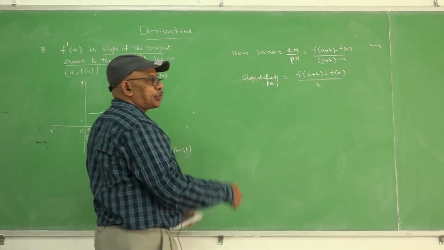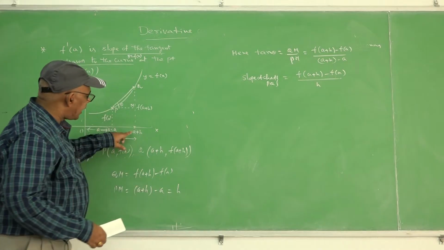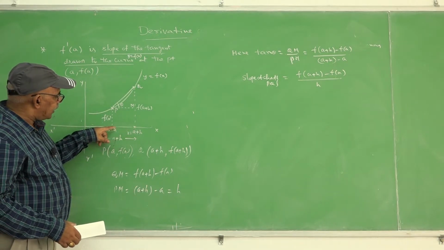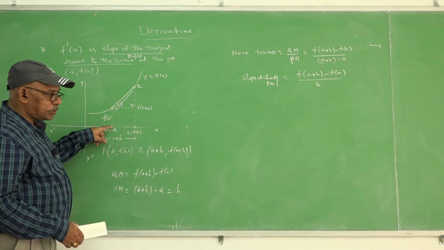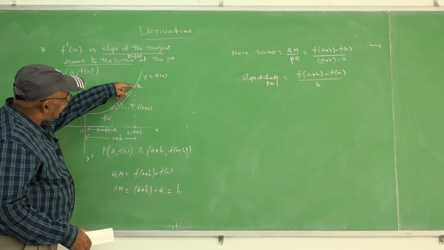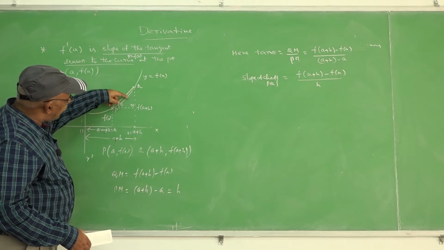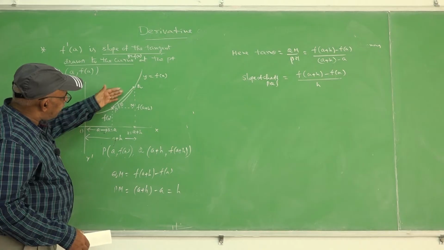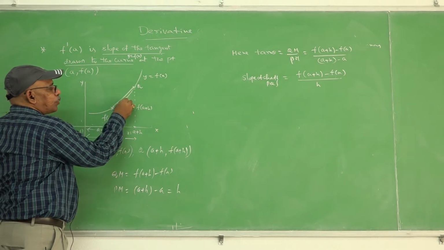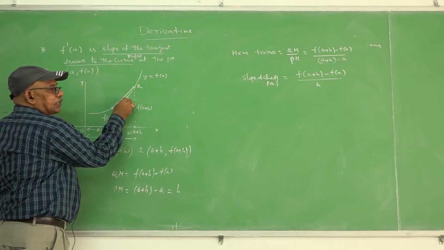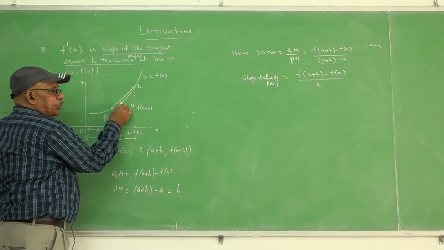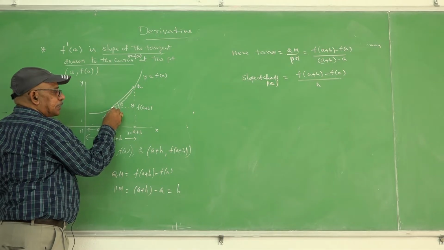Now, as h goes to 0, what happened? As h goes to 0, this point Q is very close to P. That means the chord becomes the tangent at P. Once the Q position is very near to P, the chord is like this.